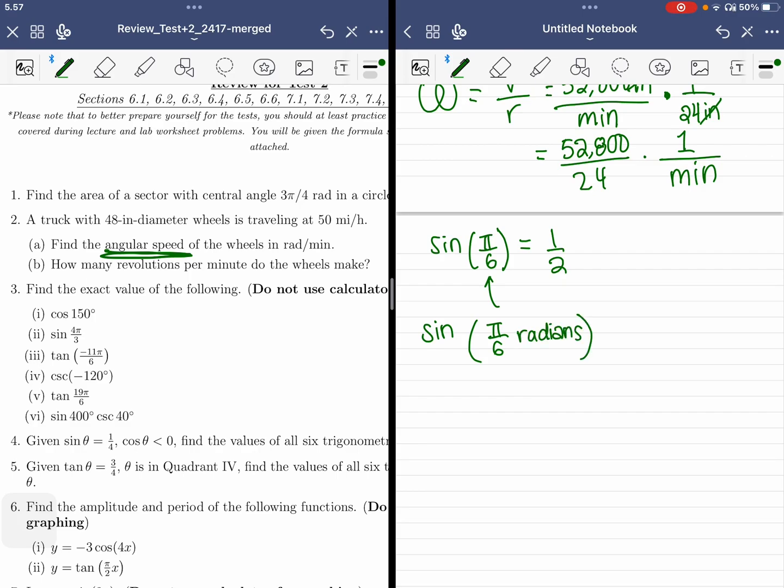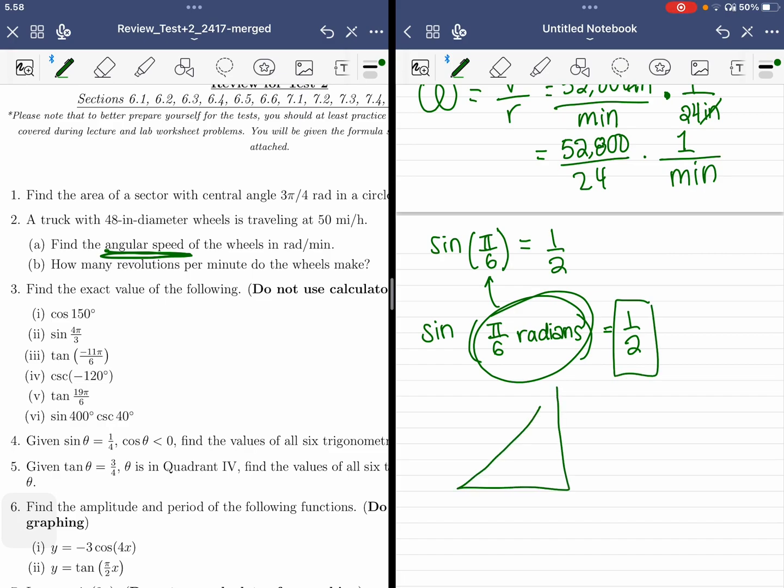We just assume that everyone knows, like when we talk about pi over 6 or pi, instead of 180 degrees, that's in radians, right? So what is radians? In other words, radians here is a ratio of lengths, right?